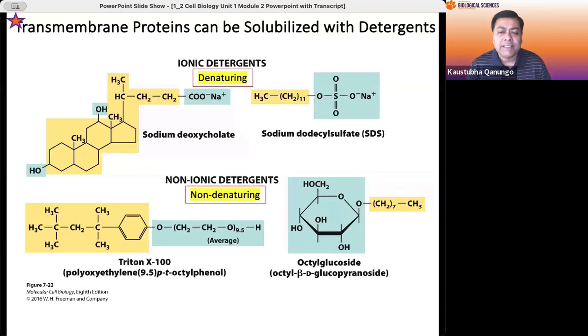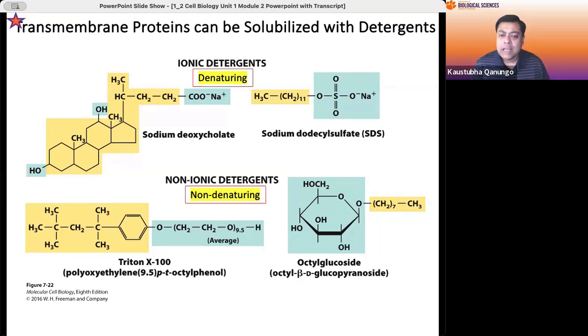So the detergents help to extract the proteins from the membrane, essentially for membrane proteins. Some of these mixtures of detergents are present in the household detergents that we use as soap. So where is the connection? Just remember that when we are washing clothes, or even washing our hands, we are trying to get out the grease and the associated proteins.